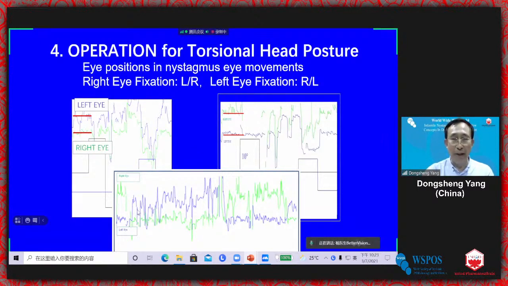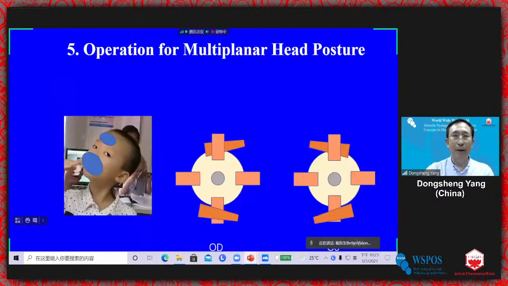When both eyes are viewing, the right eye and the left eye take turns to be higher than the other eye. So this head posture is actually caused by DVD. So you're not working on the horizontal or vertical transposition. What you do is treat the DVD.